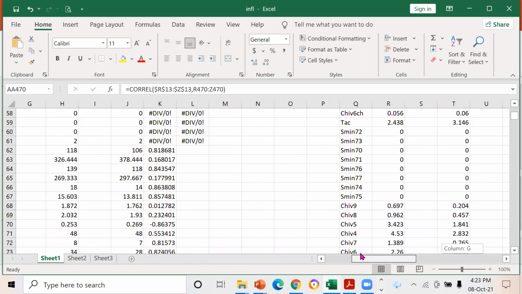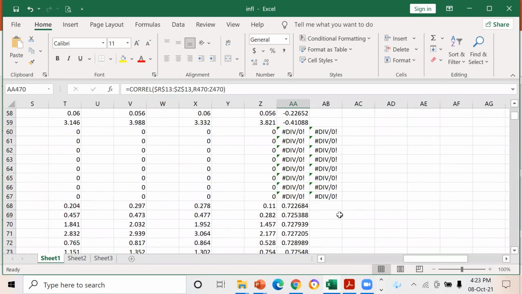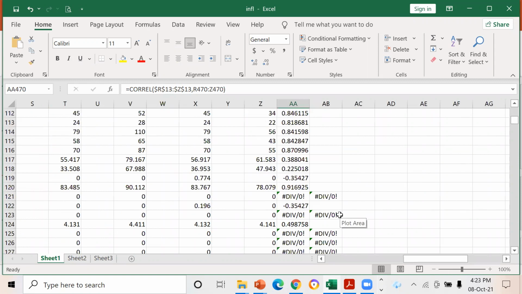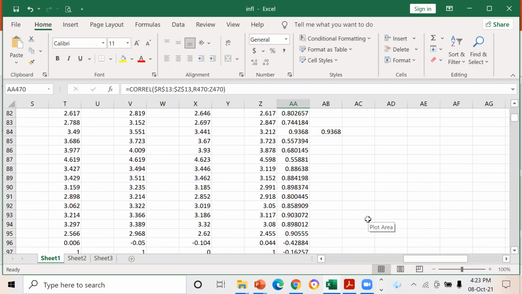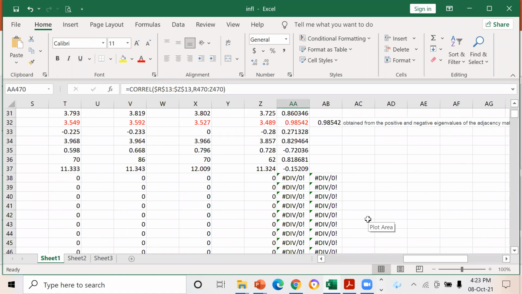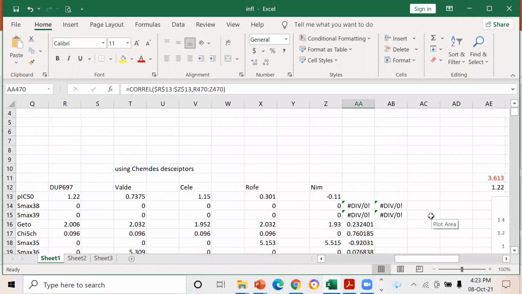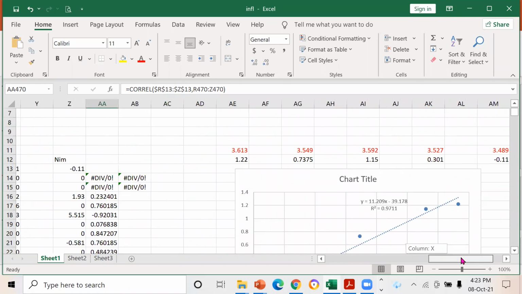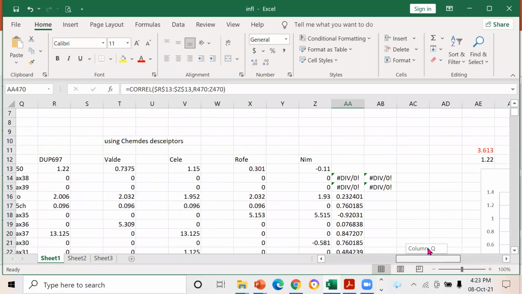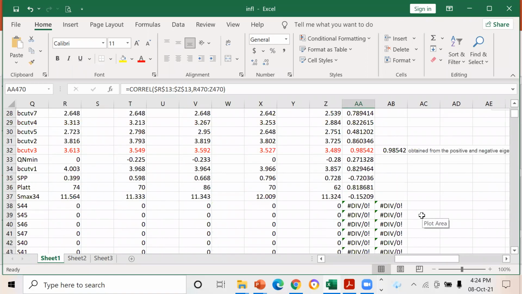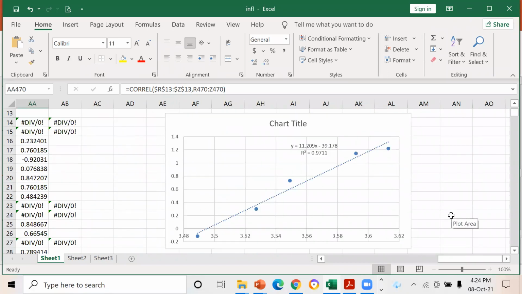I will take that. Yeah, I have taken this descriptor and drawn this descriptor, BCUT3.